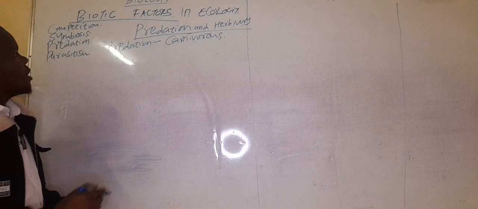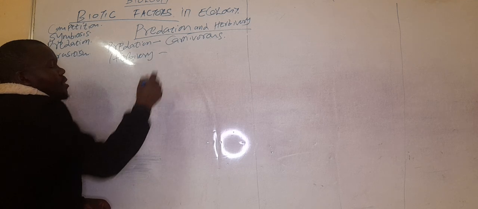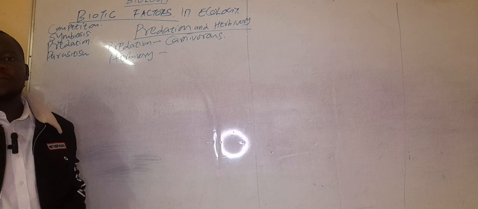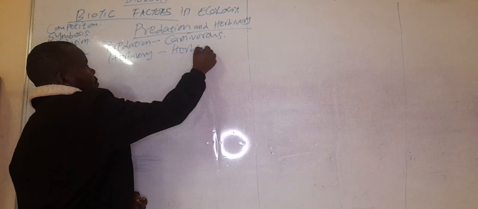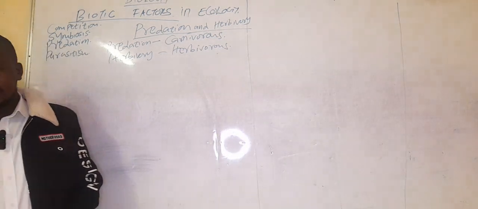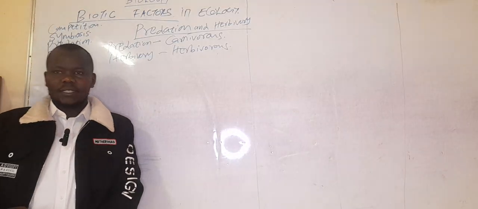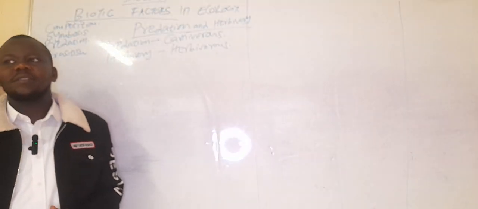Then when you speak about herbivore, we speak about herbivorous organisms. Which are the examples of the herbivorous organisms and carnivorous organisms?